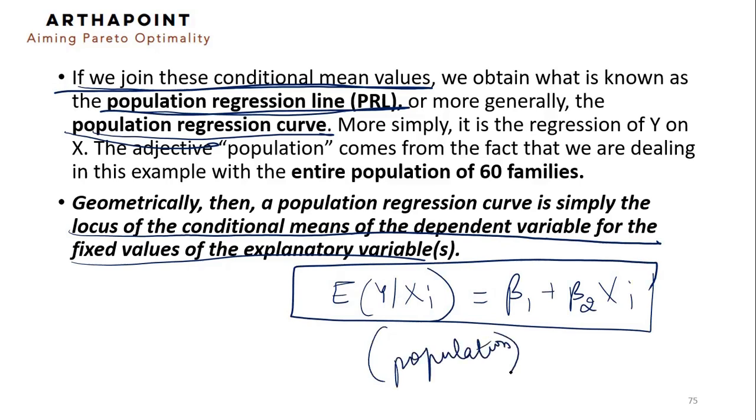Now, a slight note on what is population. Population is whenever you take all the families and you find accordingly. If sometimes you do not have access to the entire data, what you do is instead of finding the regression for the population, you find a corresponding line for the sample.